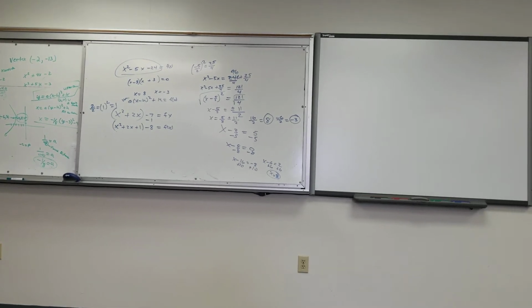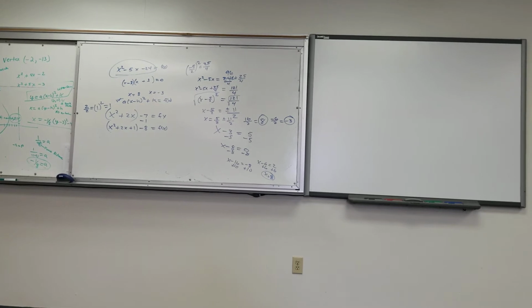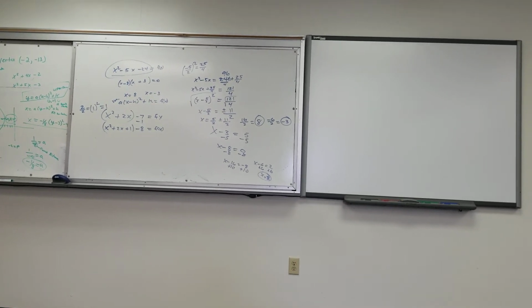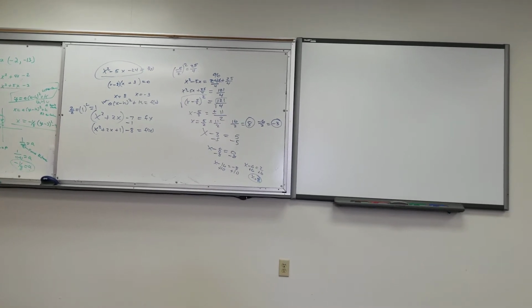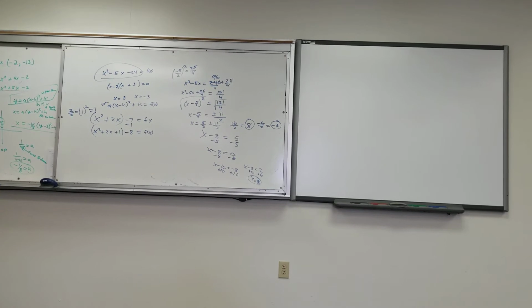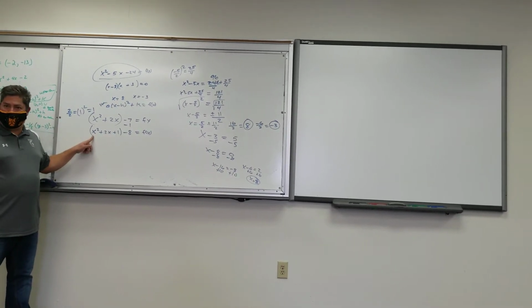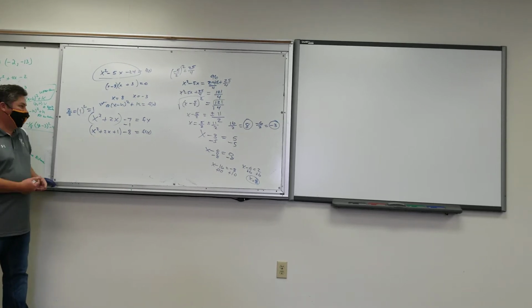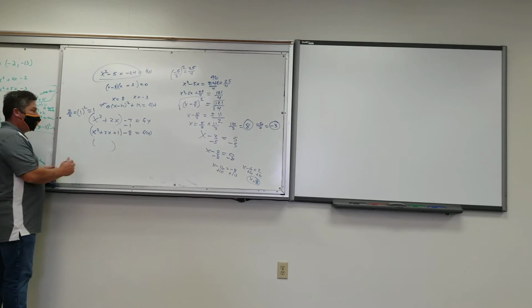What do I have inside of that parenthesis? A perfect square trinomial. The first and last terms are perfect squares. The middle term is double that value. 1 times x is x, doubled is 2x. I have a perfect square trinomial. What is this factored to be then?